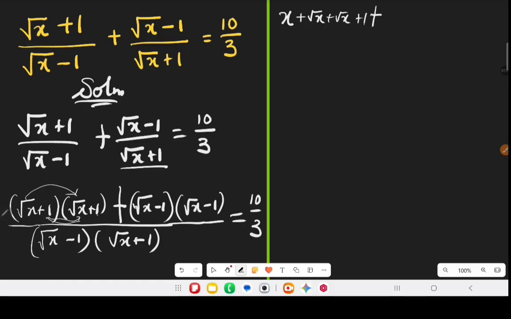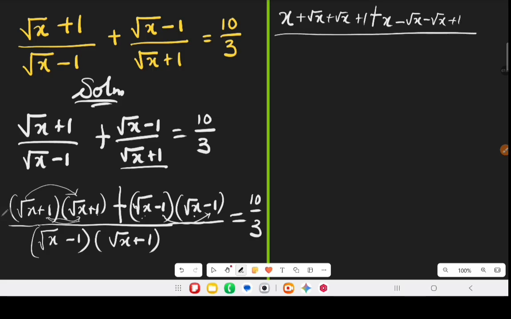Then we open the next bracket. We have root x times root x gives us x, plus root x times minus 1 gives us minus root x. Then minus 1 times root x gives us minus root x. Minus 1 times minus 1 gives us plus 1.